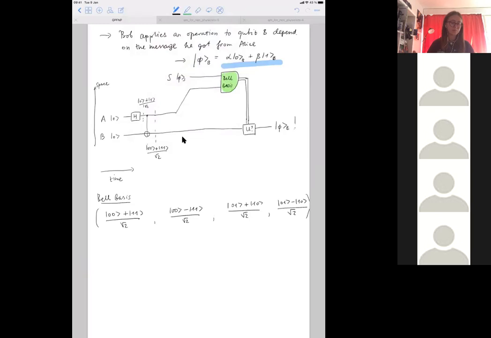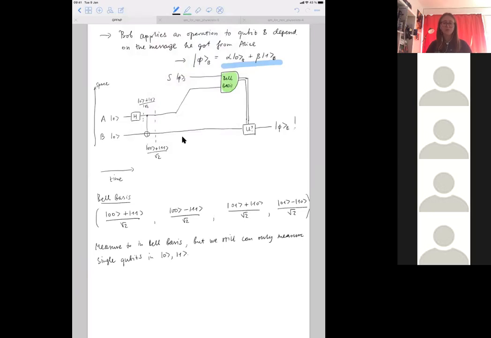I propose the following scheme. We want to measure in Bell basis, but we can still only measure single qubits in 0, 1.